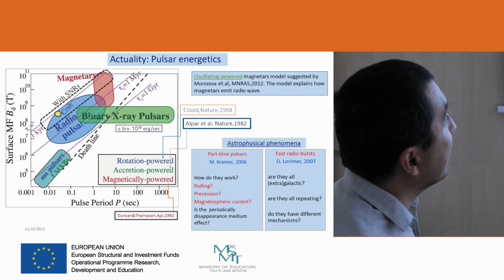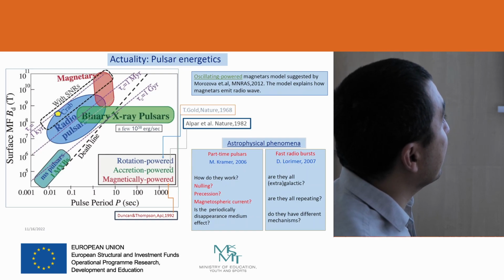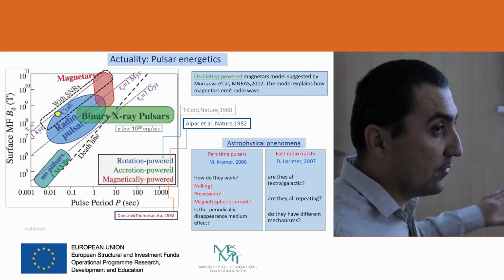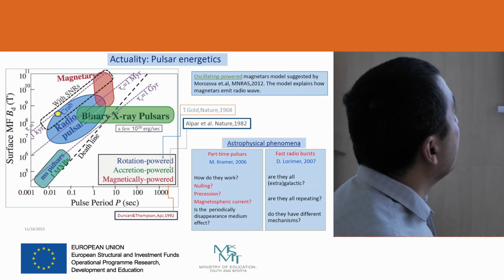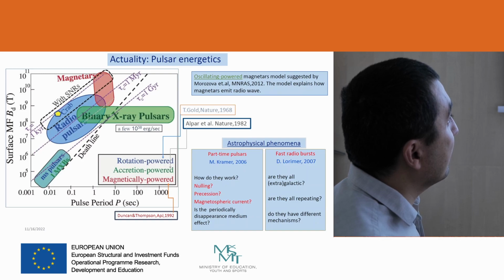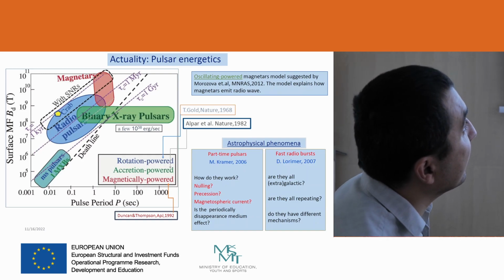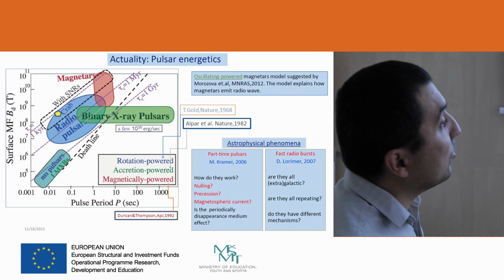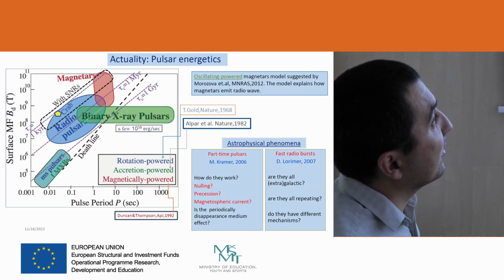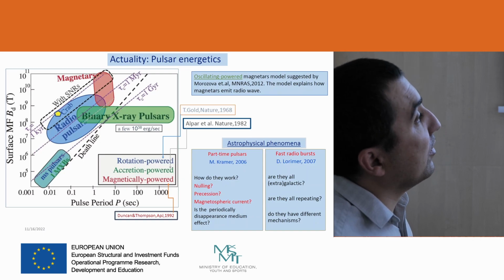In green, binary X-ray pulsars and low-mass X-ray pulsars are powered by the accretion flow, while millisecond pulsars and radio pulsars are rotation powered. A new model has been suggested by Akhmedov and Morozova, oscillation powered pulsars.